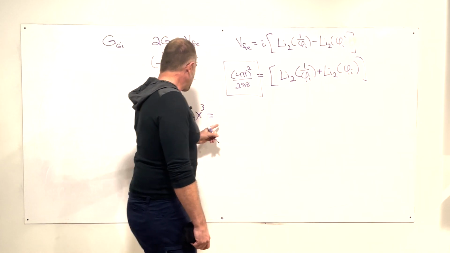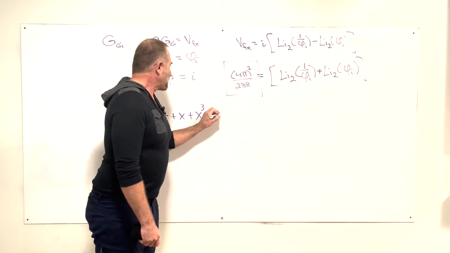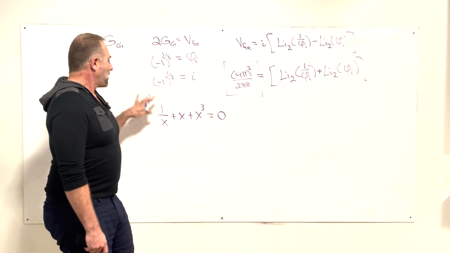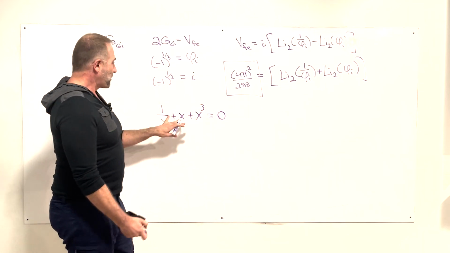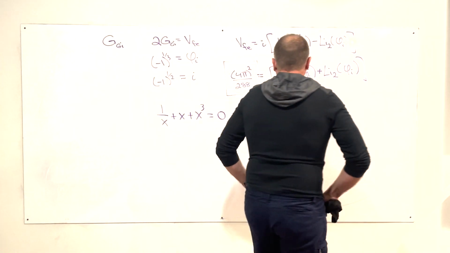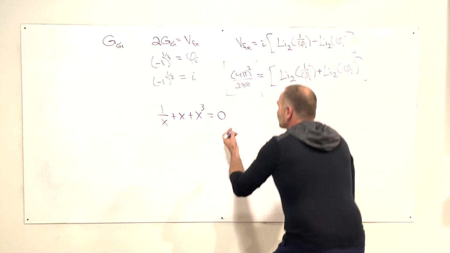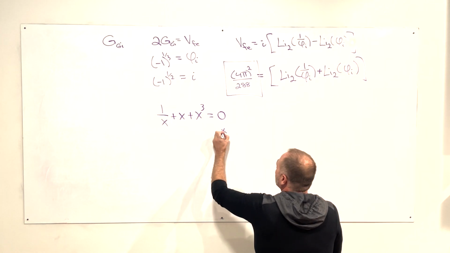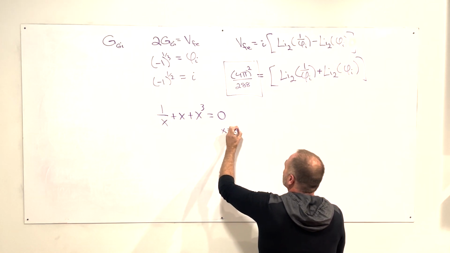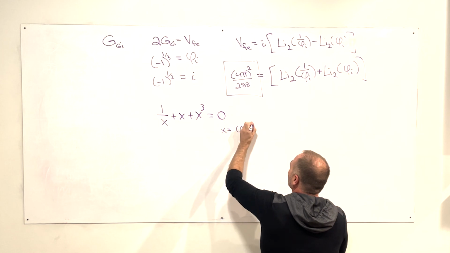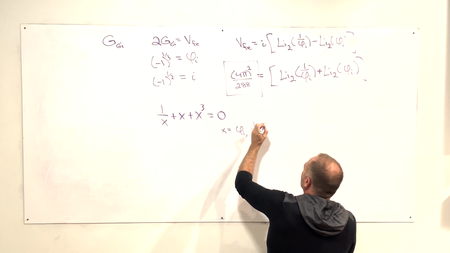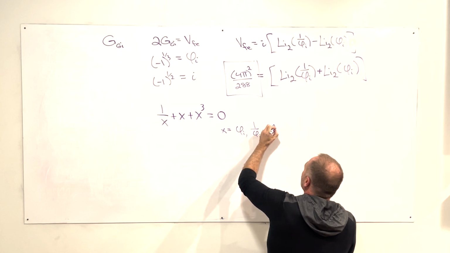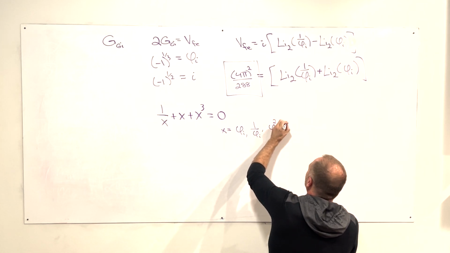Now, if you set this equation, this reach, equal to 0, then you're asking where are the roots of this connection? Okay. So we're looking for the roots, and the solutions are x equals the imaginary golden ratio, 1 over the imaginary golden ratio, and imaginary golden ratio squared, and 1 over the imaginary golden ratio squared.